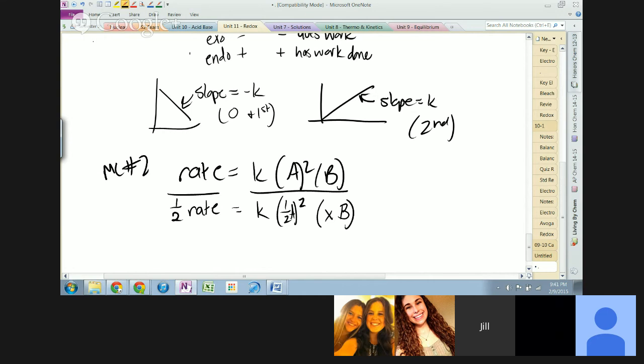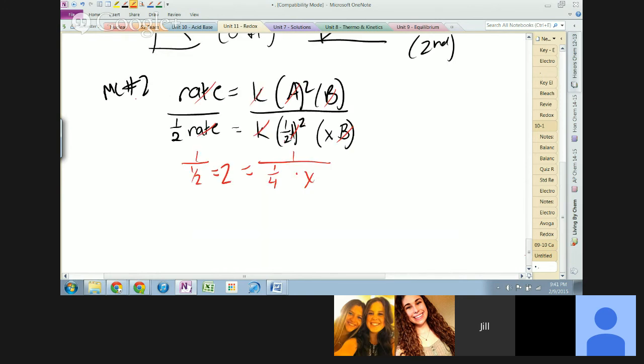I don't know if this is the purest way to do this, but this is just like our rate law determination. You can cancel out things that are the same on top and bottom. So basically you'd have 1 over 1/2, that'd be 2, equals basically 1/4, because it's 1/2 squared times x.